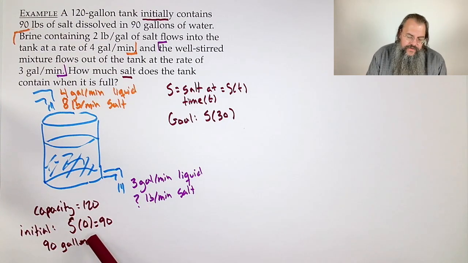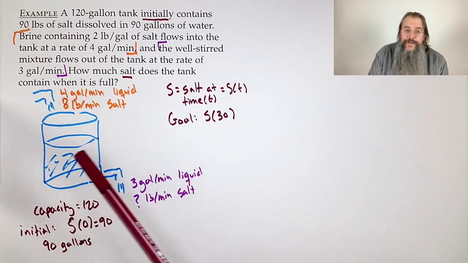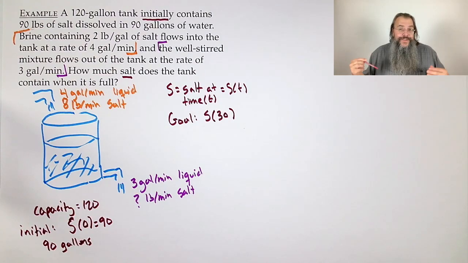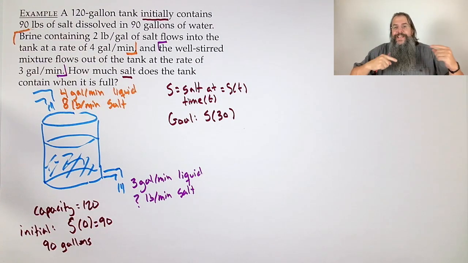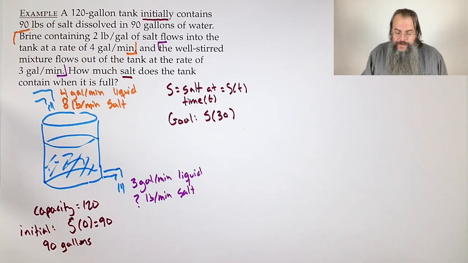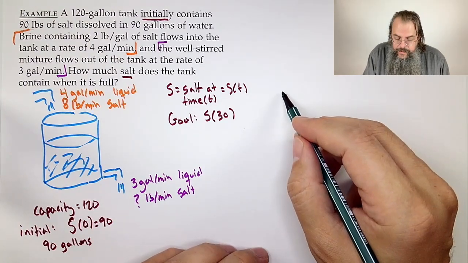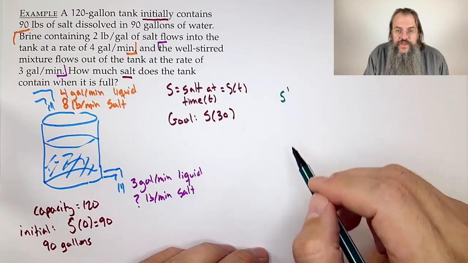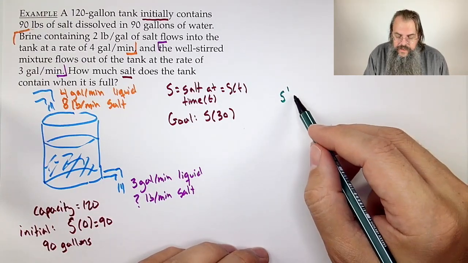What do we have? We have the initial amount of salt, and we have information about how things are changing. This suggests we look at this from the perspective of differential equations. So let's set up a differential equation. We want to understand how the salt is changing.